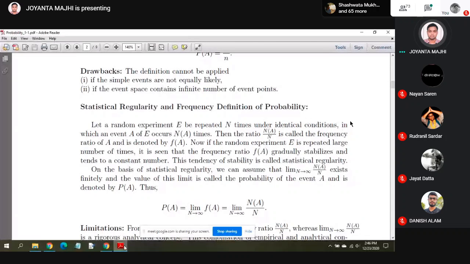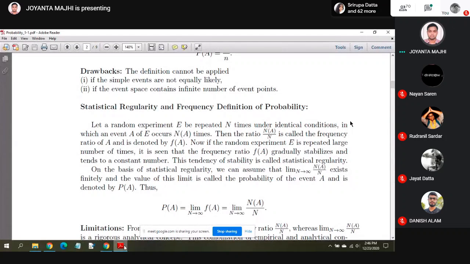On the basis of statistical regularity, we assume the limit as n tends to infinity, where n is the number of trials of the random experiment E. Then the probability of the event A is denoted by P of A, and P of A is equal to the limit as n tends to infinity of f of A, that is, the limit as n tends to infinity of Na by n.